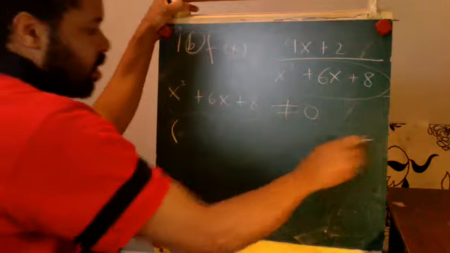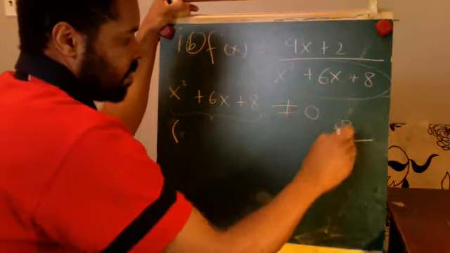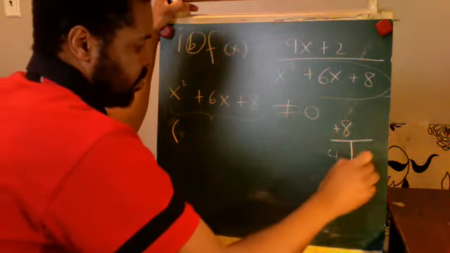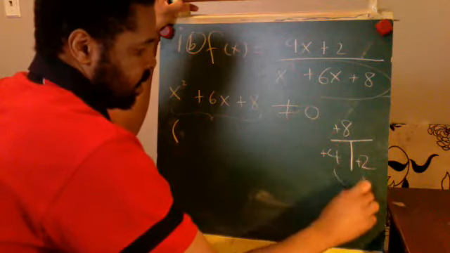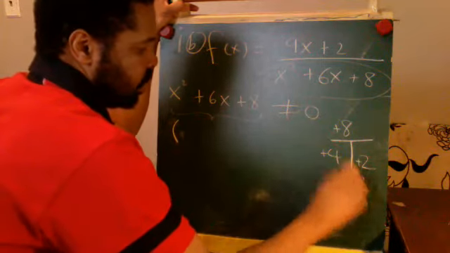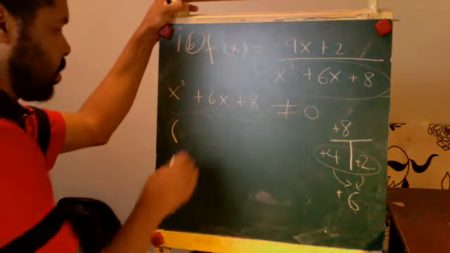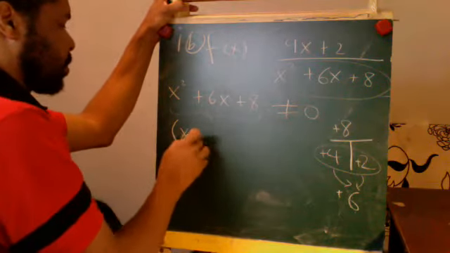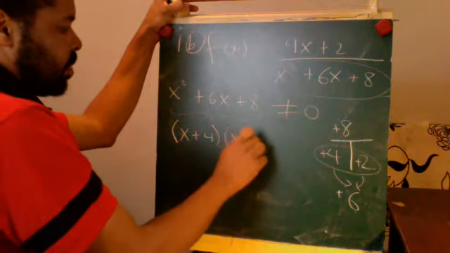I look for 2 numbers that multiply to give me a positive 8 and add to give me 6. Those 2 numbers are positive 4 and positive 2. So I have x plus 4 times x plus 2.